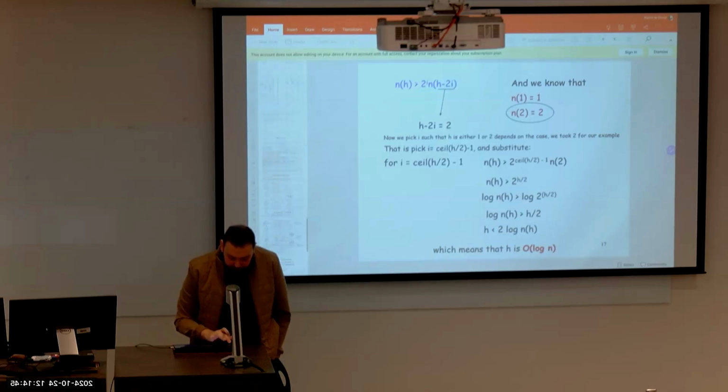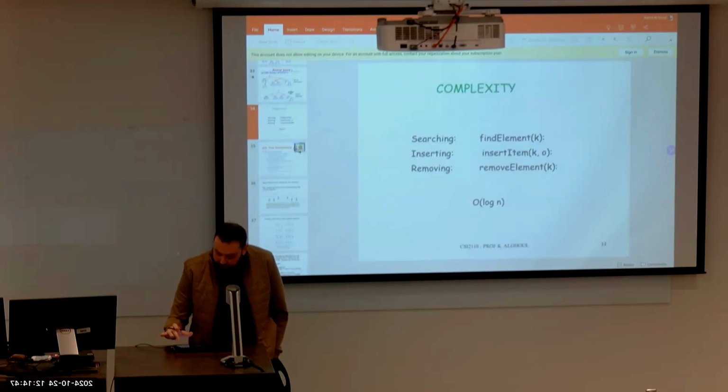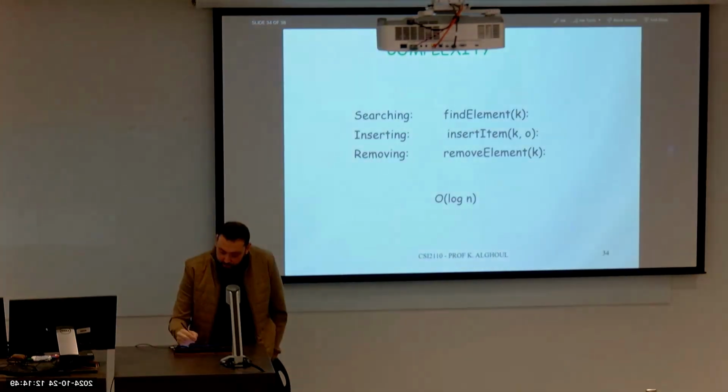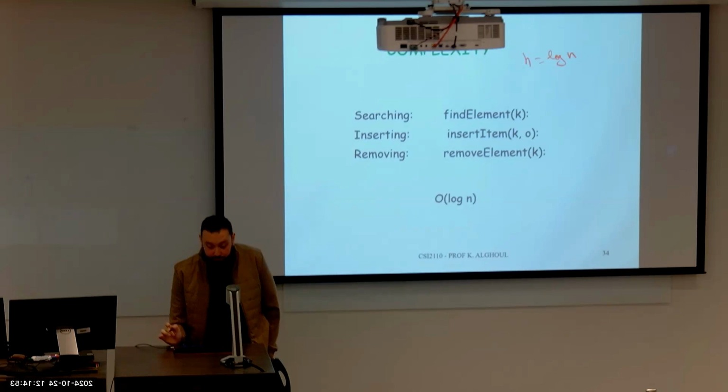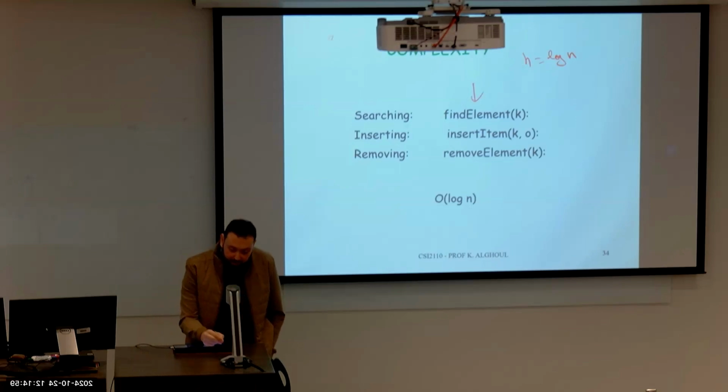So when we go here, we can actually say the height is log of n, because we proved it. Everything depends on log of n. Now, if I want to find something, my worst case, if my height is like this, for example, let's say you have something like this.